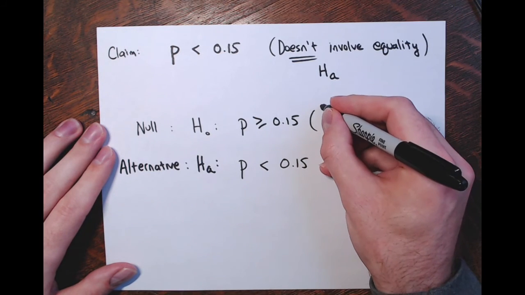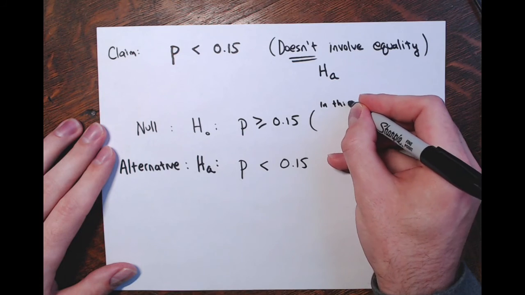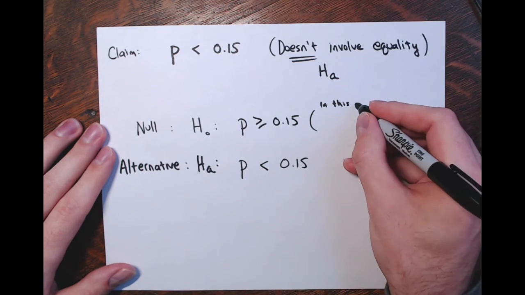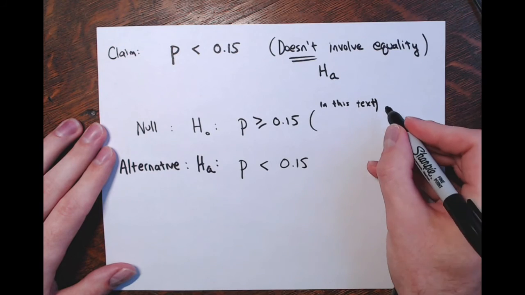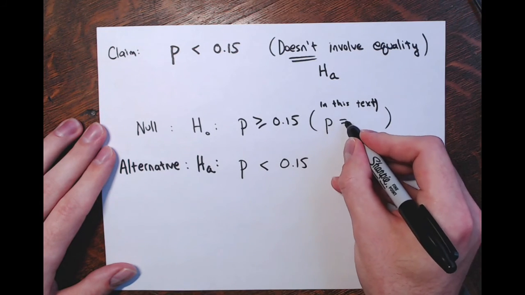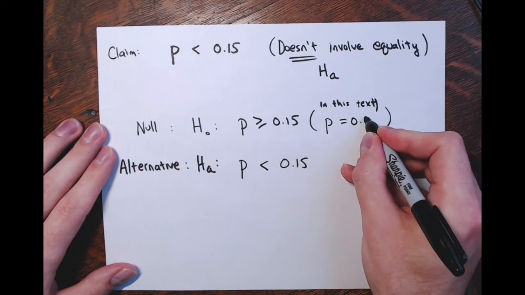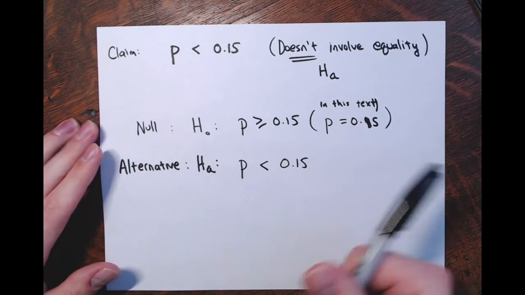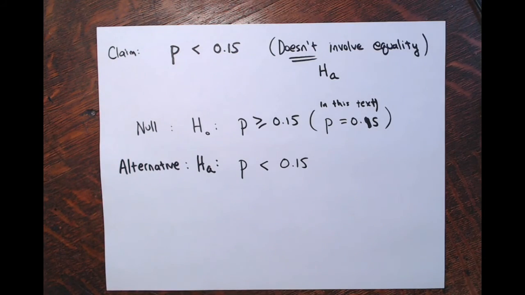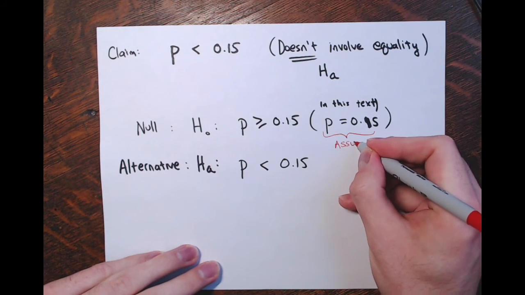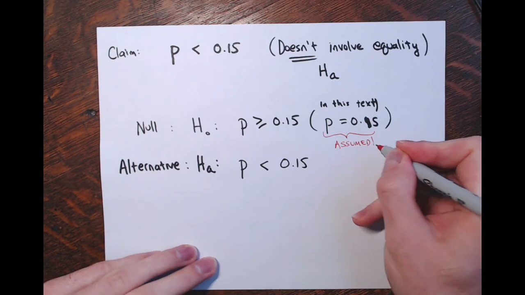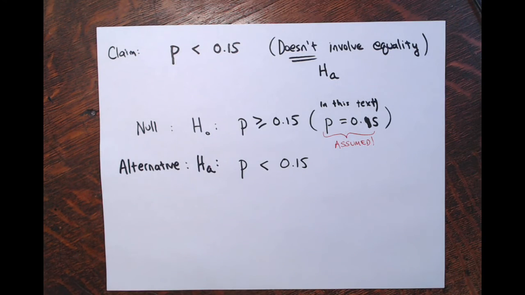But in this text, they're only going to be using the equal part. So P equals 0.15. Because this is what we're going to be assuming when we go and actually perform the test. This is what's going to be assumed to be true, and then we test to see if that's a good assumption or not, using a sample.